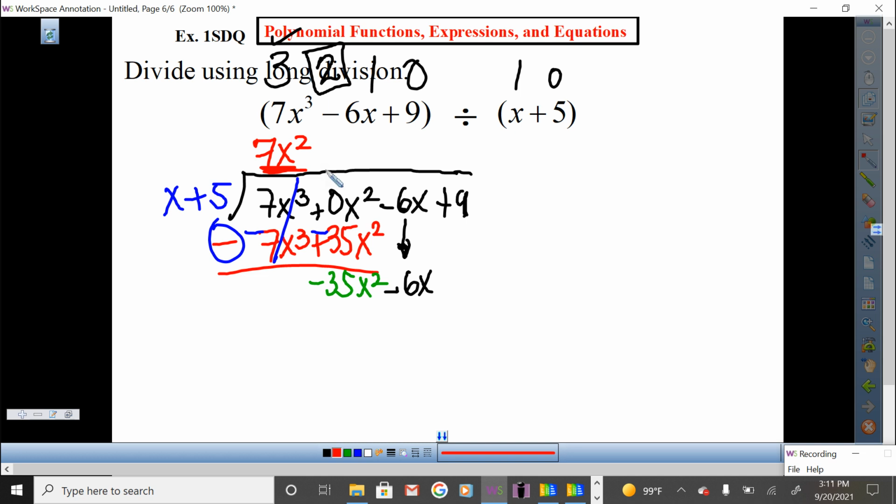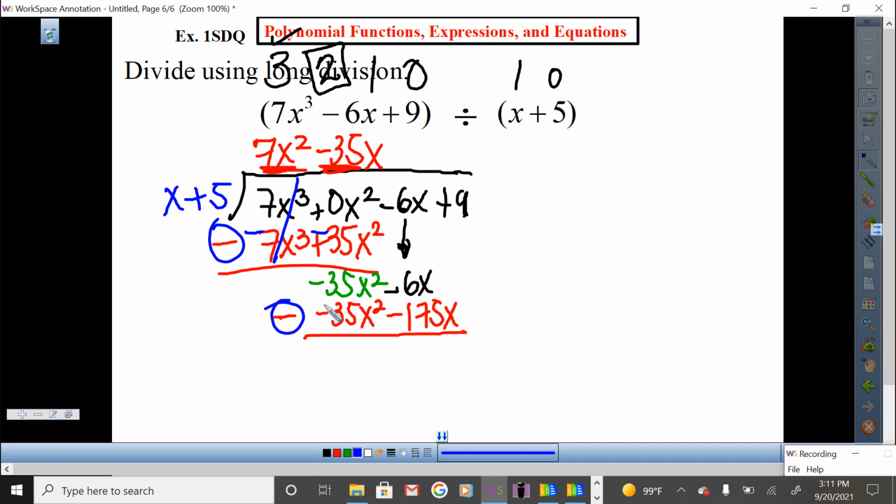Next, what number times x gives us this, Nathan? It's negative 35x. Thank you. Negative 35x times x, that's negative 35x squared. Negative 35x times 5, that's negative 175x. We're going to subtract. And what does that mean? That you shouldn't be on your cell phone and you should be taking notes.